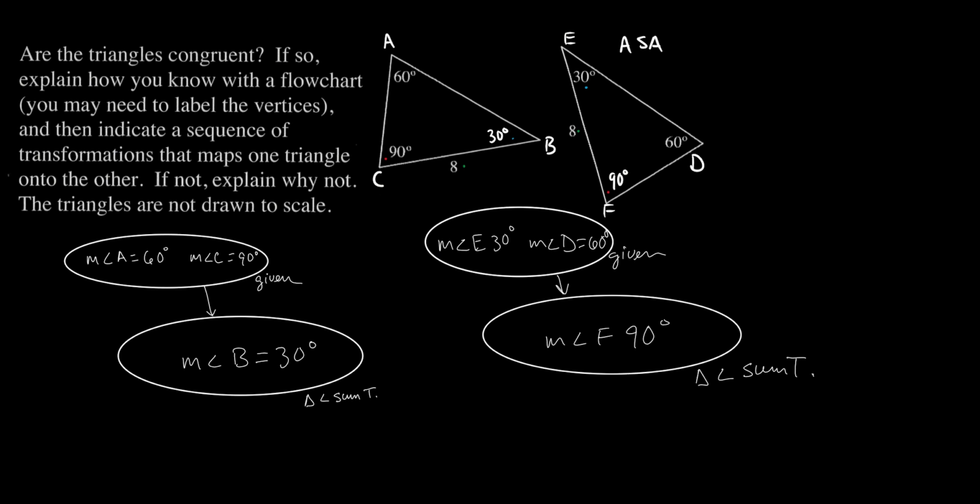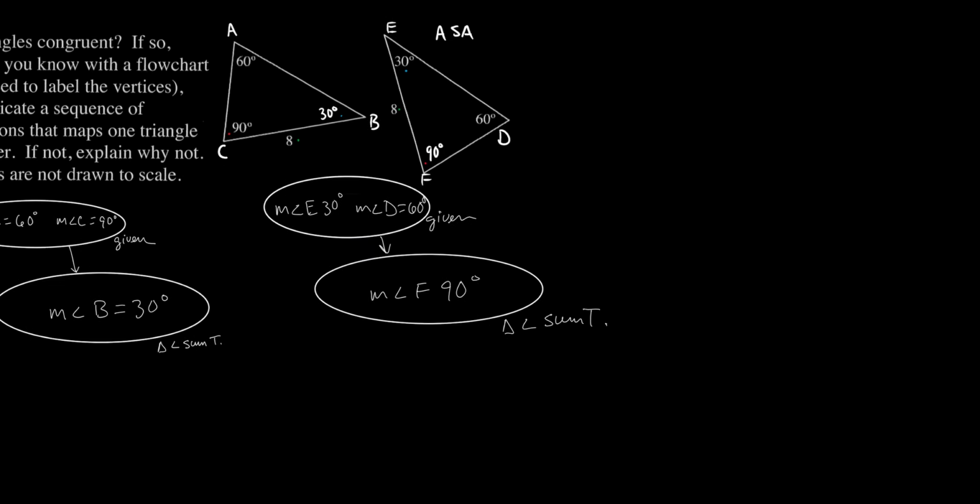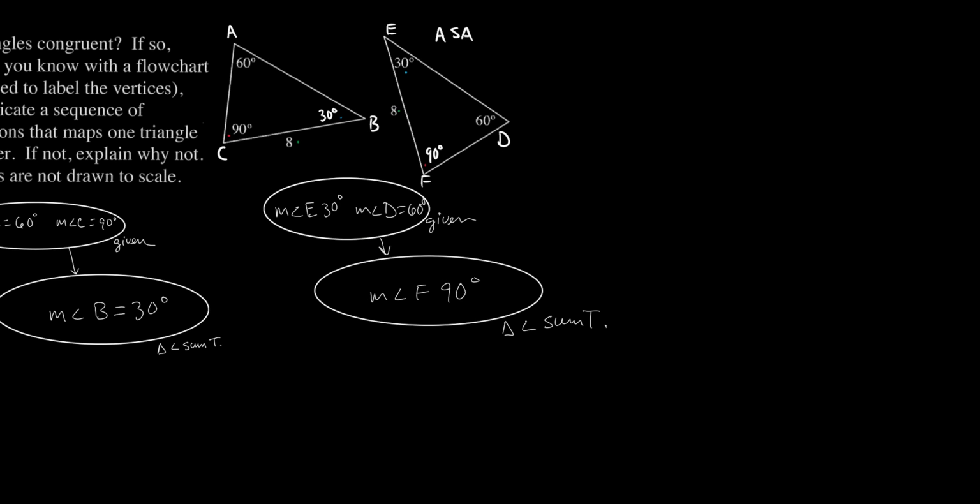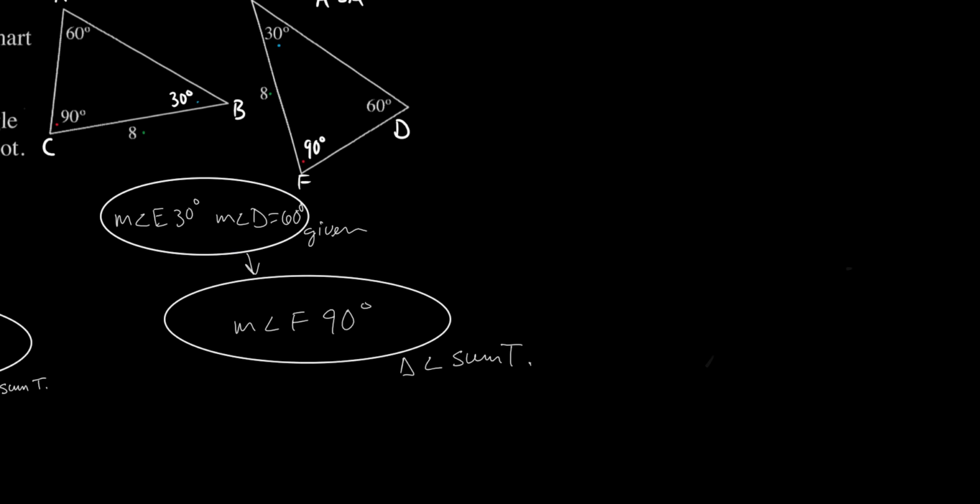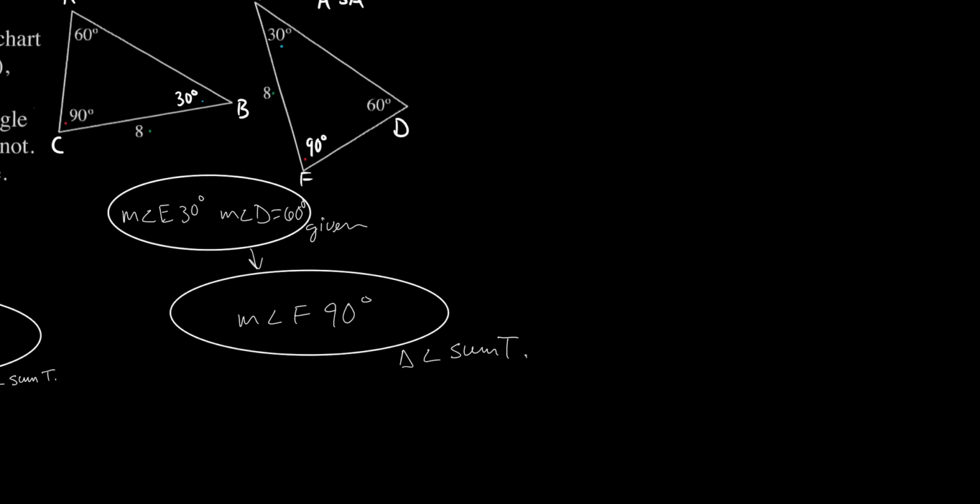Now I want to go ahead and flow into this angle side angle. One of the things I can say is clearly there's a side that's congruent, right? CB equals 8 units and EF equals 8 units.